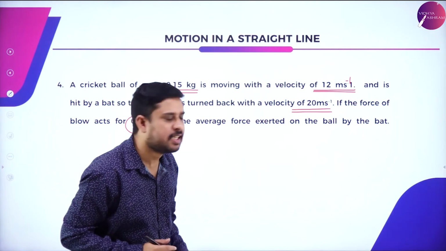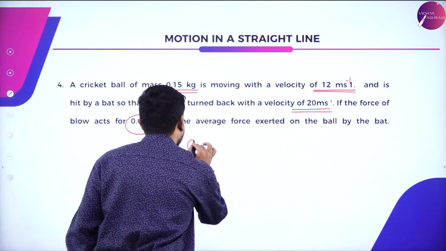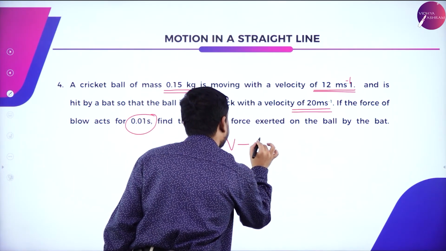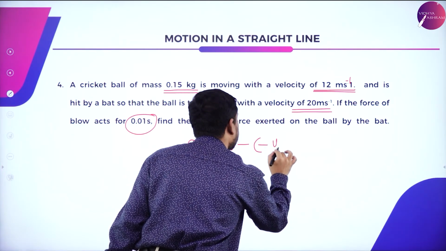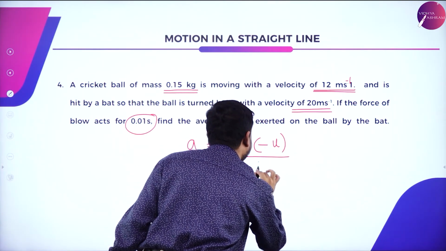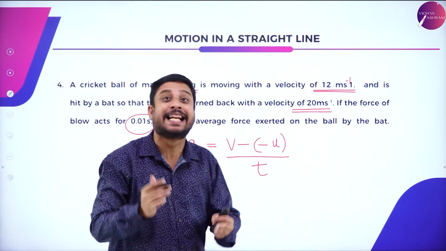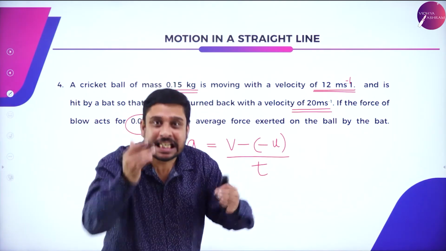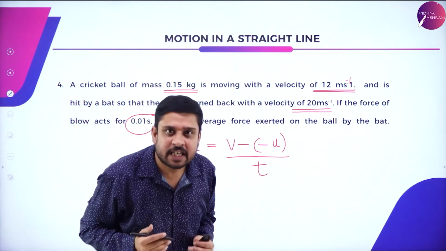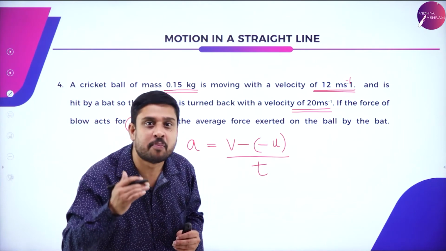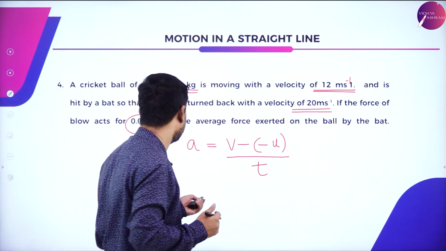In this case, first I will calculate the acceleration, which is V minus u by t. Why this minus? Rebounds, turns back. Wherever there is rebounds, this is minus of minus u.